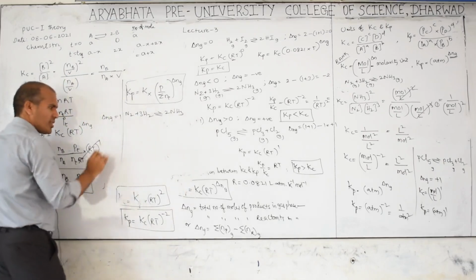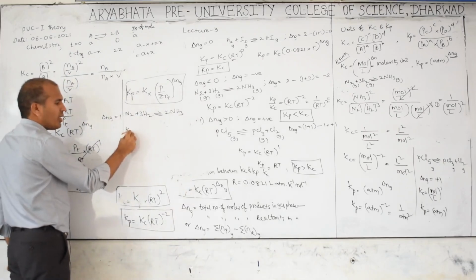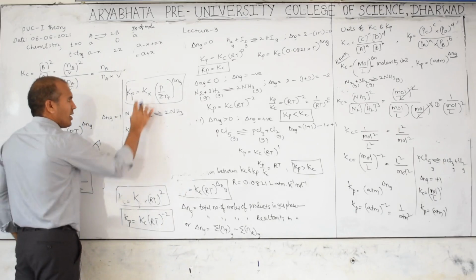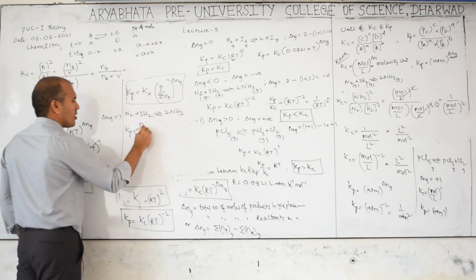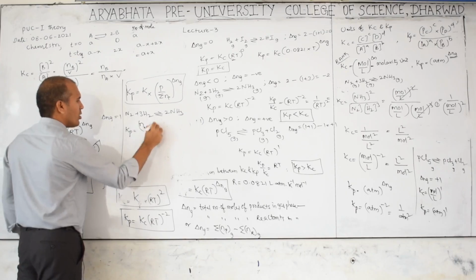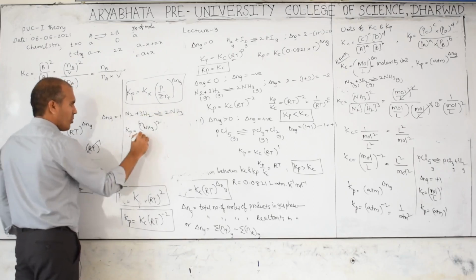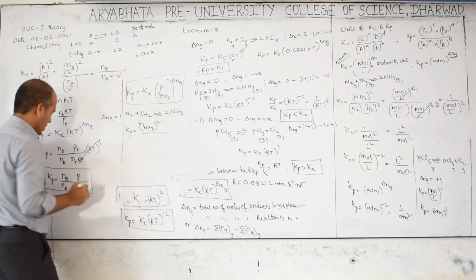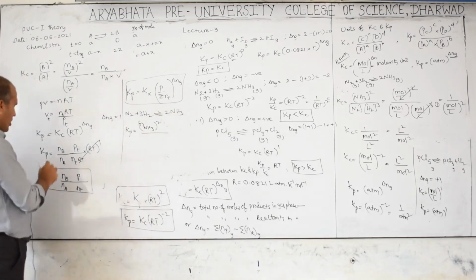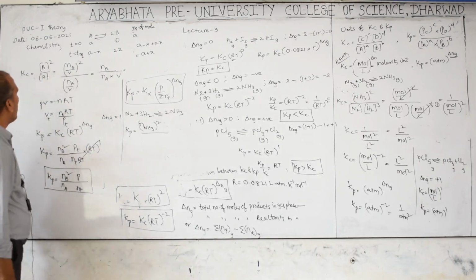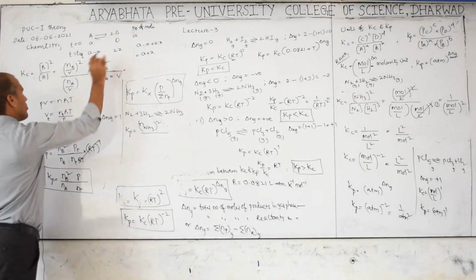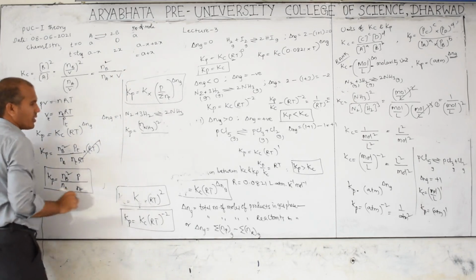For this equation this relationship will be Kp is equal to Kx, how to write? Number of moles of ammonia whole square, because this will be applicable, and I forgot to write this maybe, then here should be square. Okay, then square, this is correct.